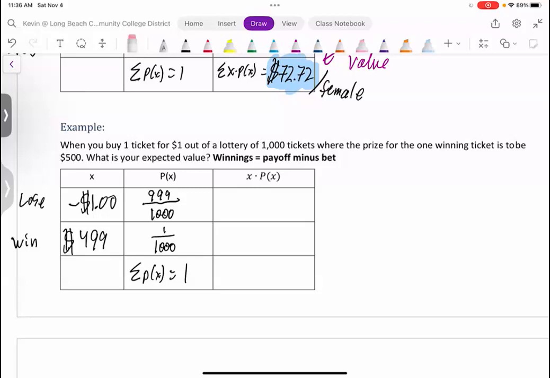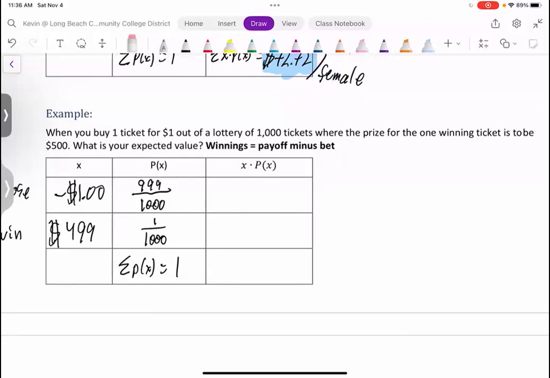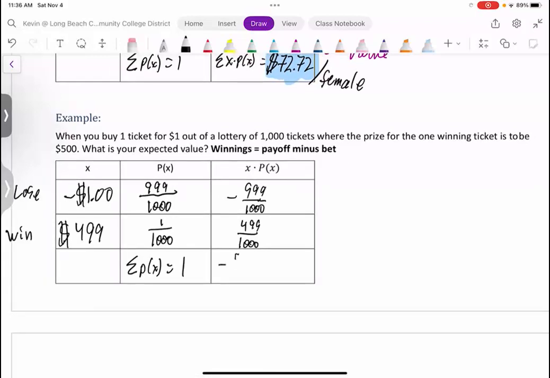All right, I'm going to multiply across. -1 times 999 over 1,000 is negative 999 over 1,000. 499 times 1 over 1,000 is 499 over 1,000. When I add those together, I get negative 500 over 1,000.